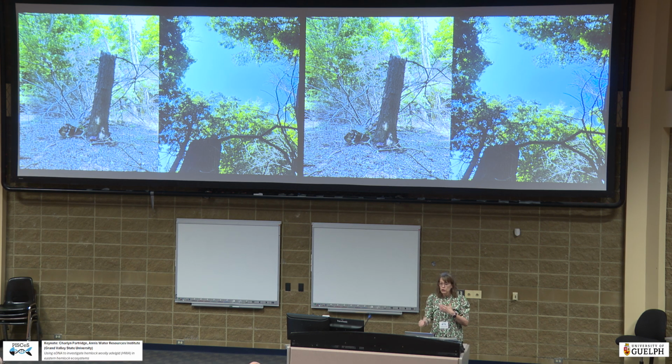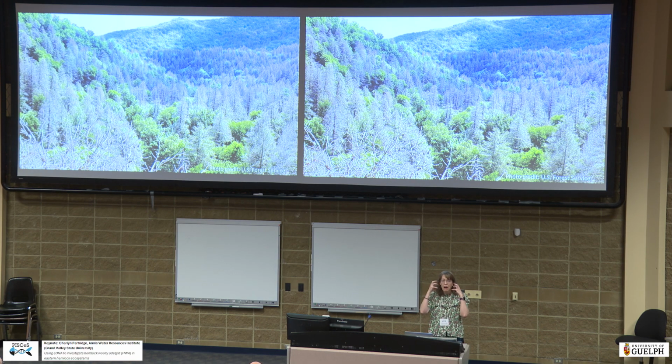So this is one tree, but now imagine a forest where we've seen the devastating impacts of HWA result in up to 95% mortality in eastern hemlocks. And this is an image of an eastern hemlock forest, and all of these brown trees are dead hemlocks due to HWA.